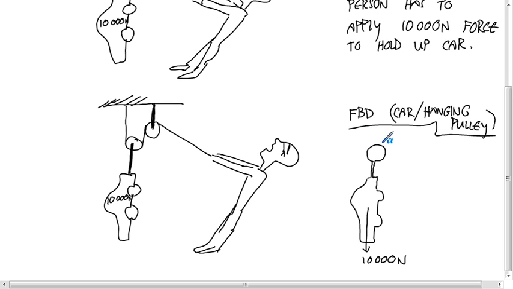And now go around the boundary and figure out where there's contact between this isolated body and the outside world. Yeah, so you can think of it as, here's what I'm isolating.